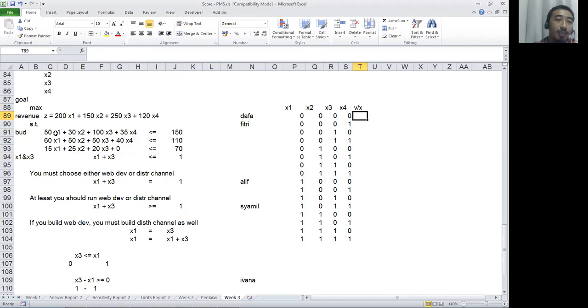You put it here: okay, okay, okay. x1 plus x3 less than or equal to 1, so this is okay. How about this one, 0 0 0 1? You put it here: okay, okay, okay. So you put it okay.